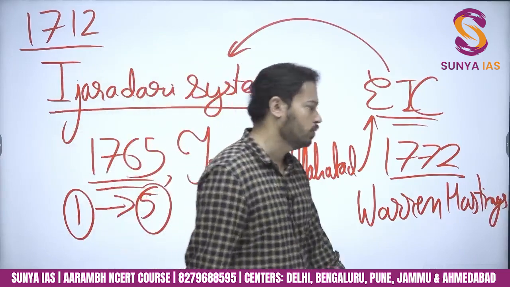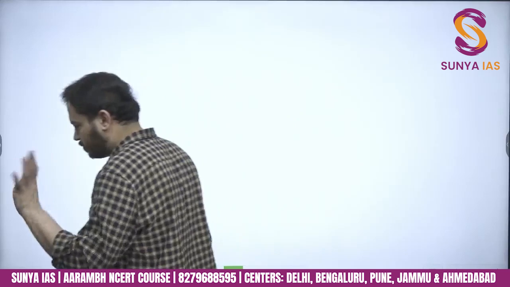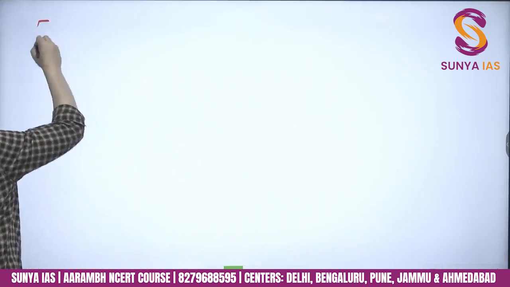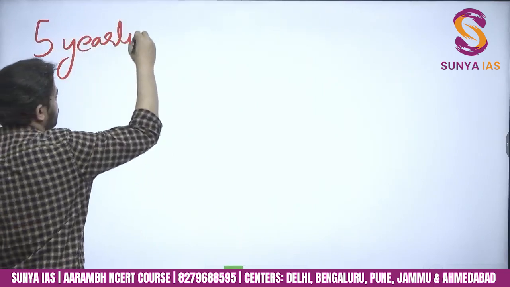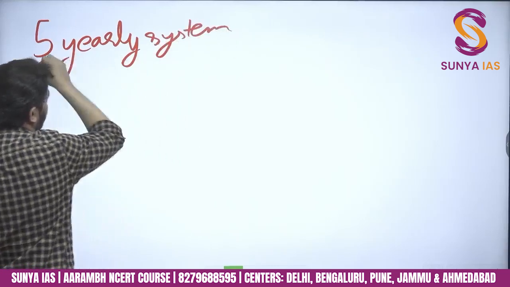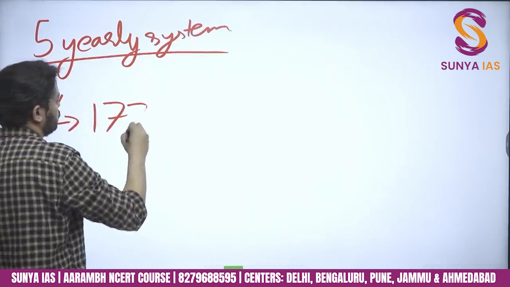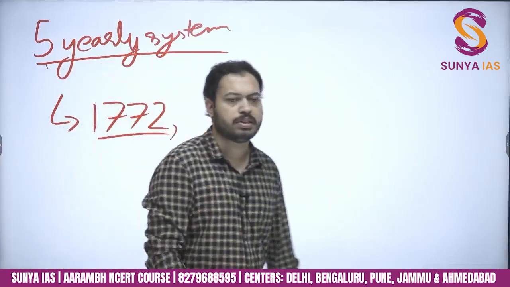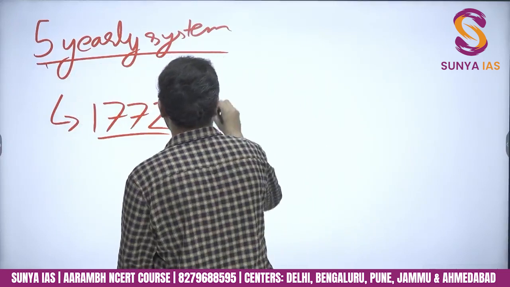So in 1772 he came up with a new system, and you don't have to remember the name of the system. It's a 5-yearly system. He implemented the 5-yearly system in 1772, and it stayed on till 1777.